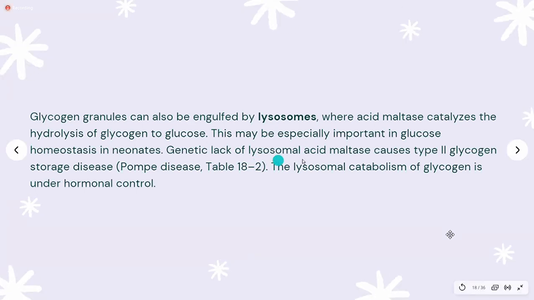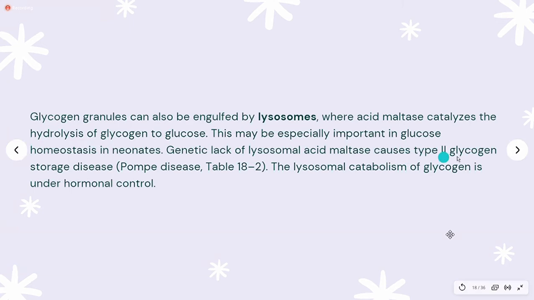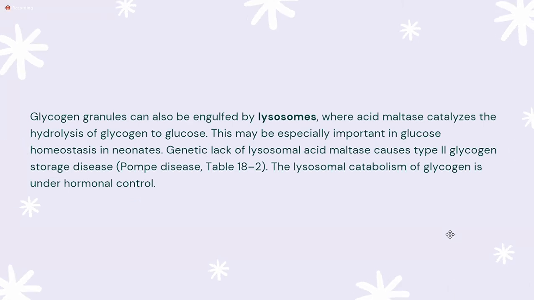Genetic lack of lysosomal acid maltase causes type 2 glycogen storage disease known as Pompe disease. Again, under hormonal control, the hormones involved would be insulin, glucagon, epinephrine.